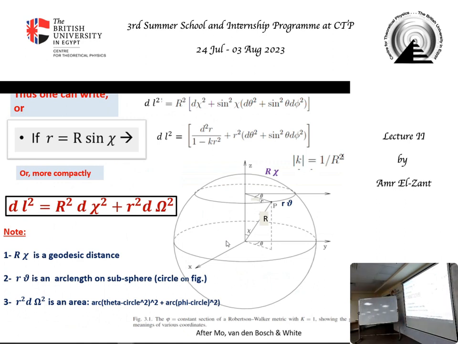It's not really Euclidean unless this k is 0. So what did we do? We wrote a new coordinate, r equals r sine chi, and we just substituted this in there.